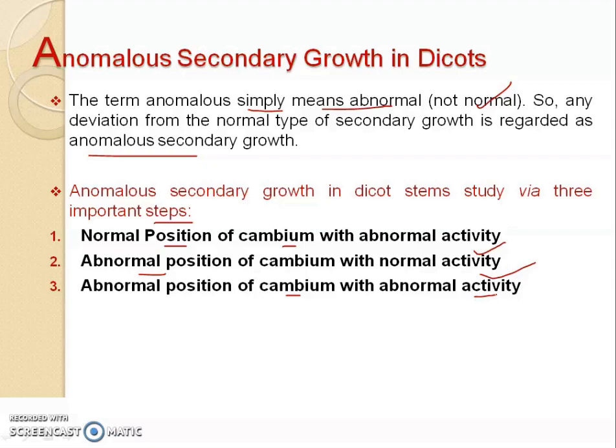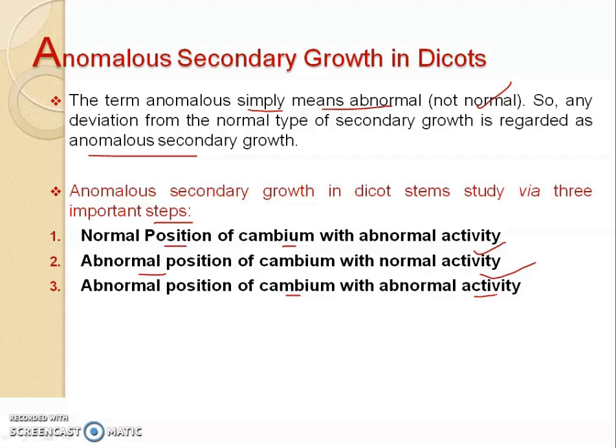Here we should be clear in this slide about what is a normal activity of cambium. As discussed in the previous slide, a normal cambium after secondary growth forms secondary xylem towards the inner side, that is towards the pith region, and secondary phloem towards the outer side, that is towards the cortex region or the pericycle region.